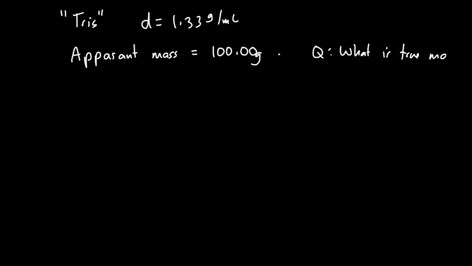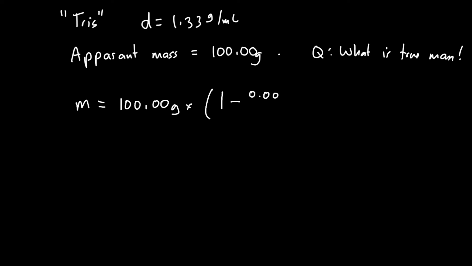So it's amazing all these things we have to worry about in analytical chemistry. So our balance says 100 grams, but we have to be aware in analytical chemistry that because of buoyancy, the mass of the objects we weigh on a balance is not the actual mass of the objects themselves. So we can calculate it using the equation given on the previous slide. So we basically take the observed mass and we multiply with this correction factor, so 1 minus the density of air.